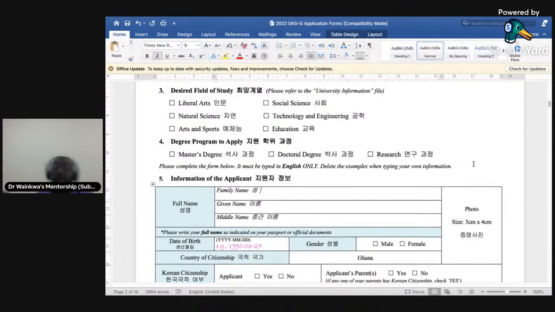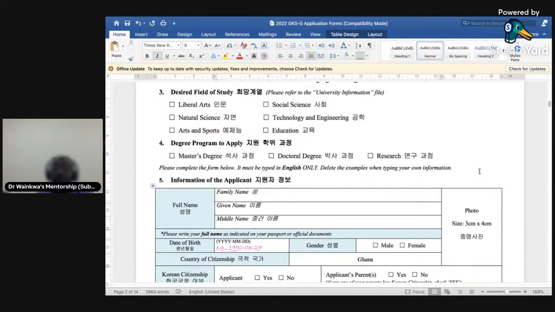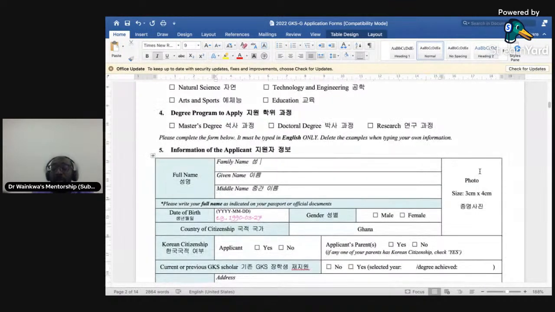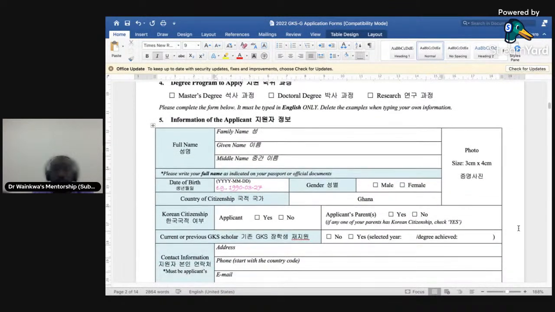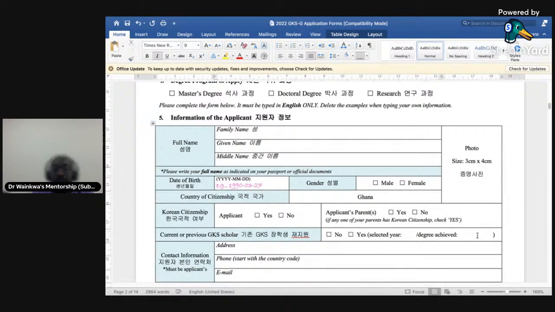Again, okay, after adding your passport size photograph, you need to put, and then, like they asked before, Korean citizenship applicant. Are you a Korean citizen? For example, even if you are from another country and you naturalize to become a Korean, you're not eligible for the scholarship. So you need to check.